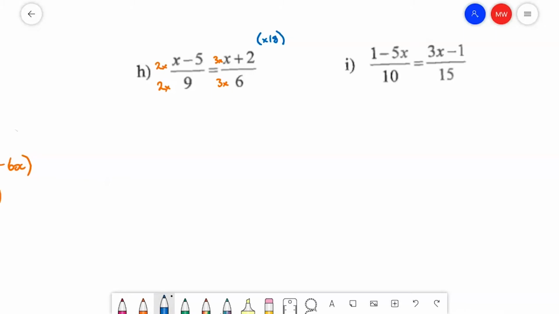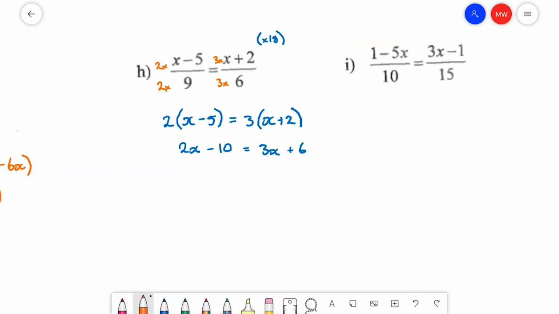So our new line would read 2 outside of x minus 5 equals 3 outside of x plus 2. Let's expand. 2 times x is 2x, 2 times minus 5 is minus 10, 3 times x is 3x, and 3 times 2 is 6.